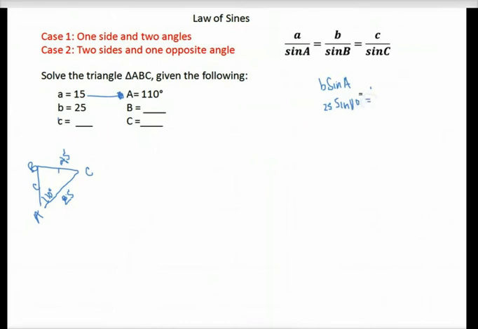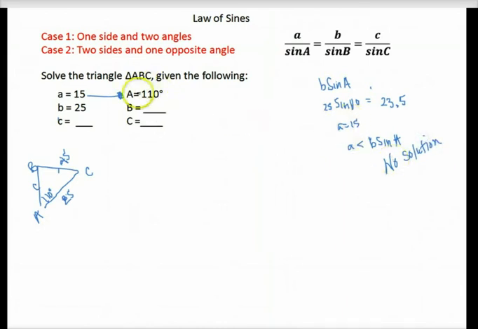This is our check to see if we even need to do any solving at all. When I do that, I get 23.5. Then you compare that to the side opposite the angle, in this case 15. Notice our a, which is 15, is less than b sine A, which was 23.5. So automatically we know there's no solution and we could stop there.